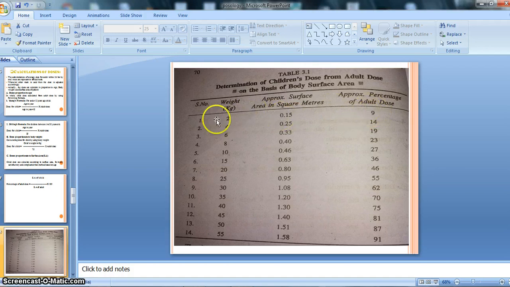By using this table we can easily find out the child dose, or adult dose also, for the elder patient. So this table is very important.